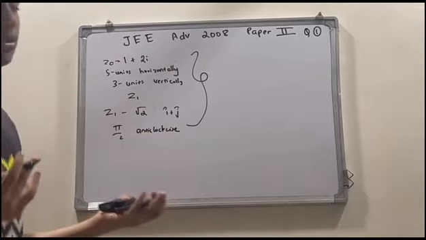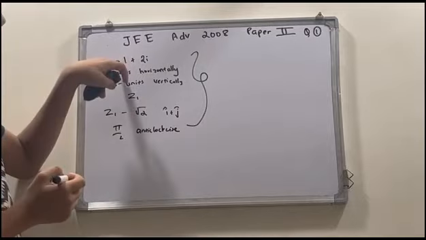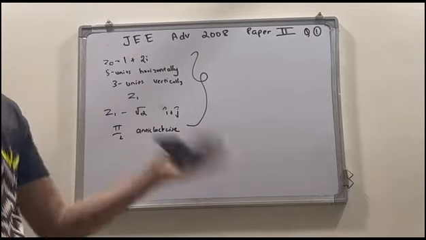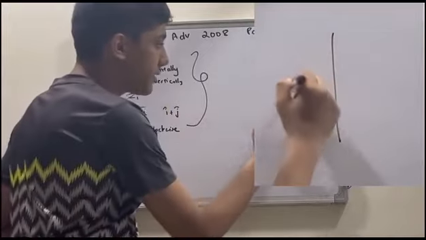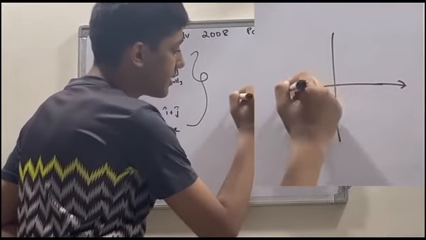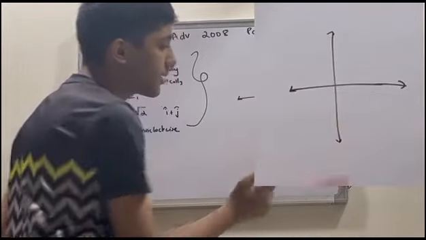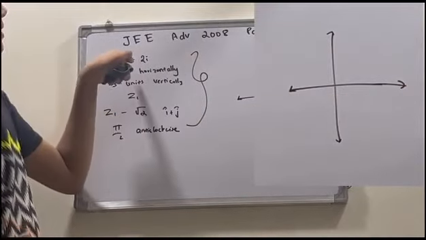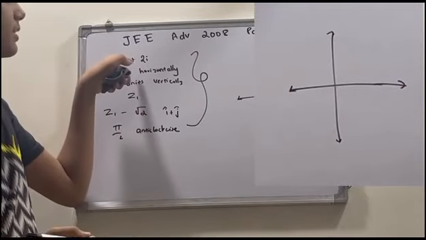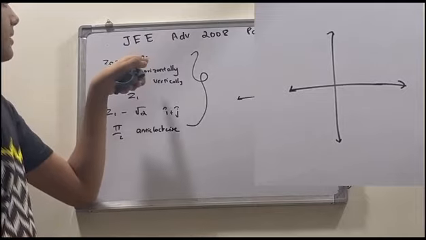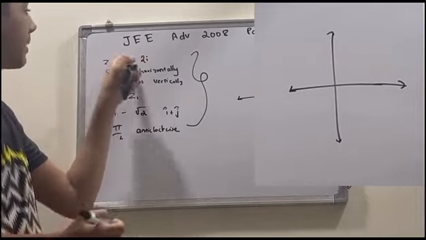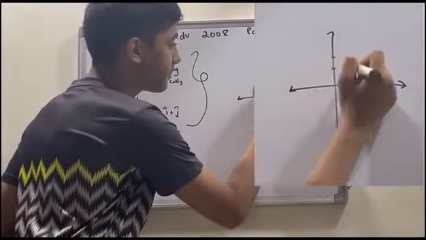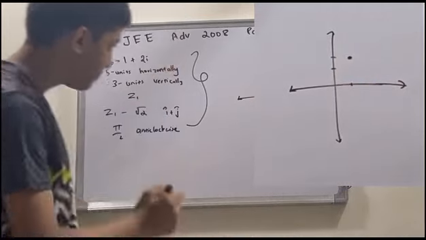So anyone who studied complex numbers knows that a complex number can be represented on a graph. So here's my x-axis and here's my y-axis. The x-axis represents the real part of the complex number, and the y-axis represents the imaginary part. So 1 plus 2i is going to represent this point.